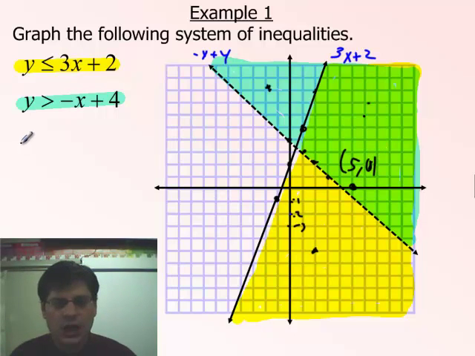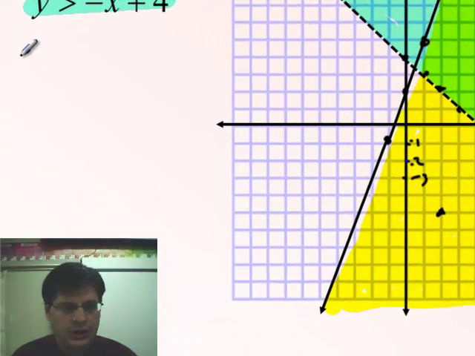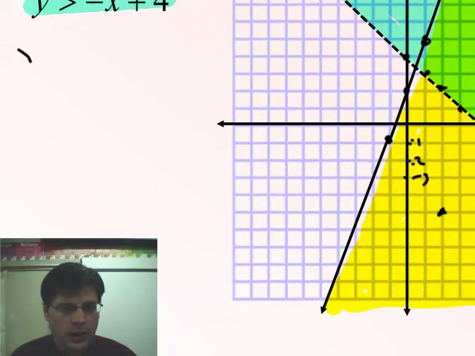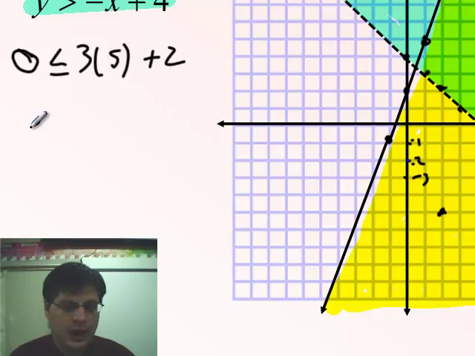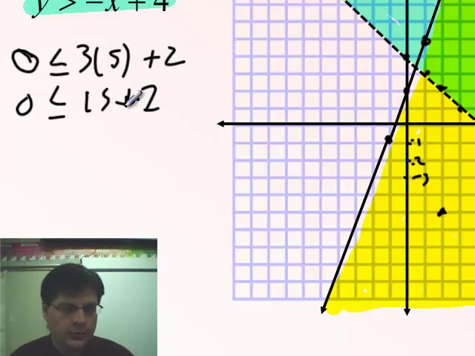For the first inequality, where we have y is less than or equal to 3x plus 2, I'm going to plug in 0 for y: 0 is less than or equal to 3 times 5 plus 2. That's going to leave us with 0 is less than or equal to 15 plus 2, and 0 is less than or equal to 17.